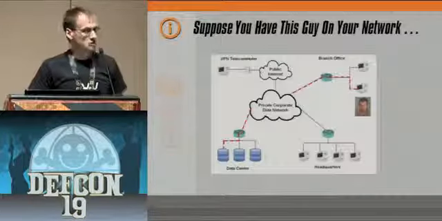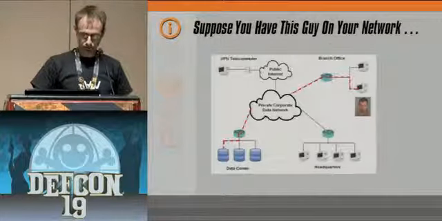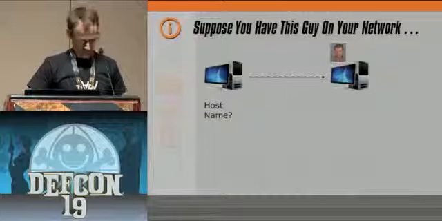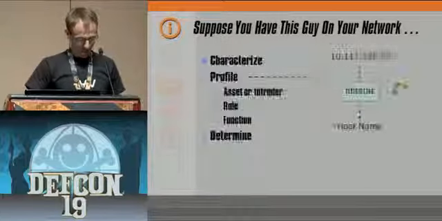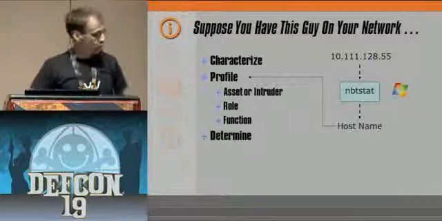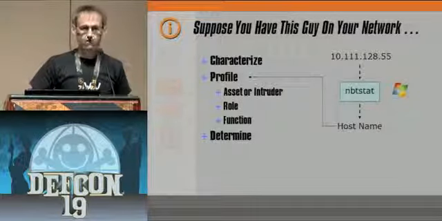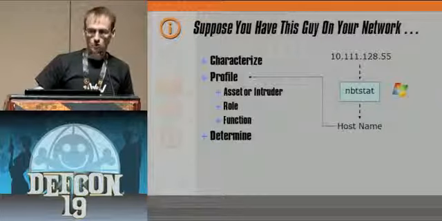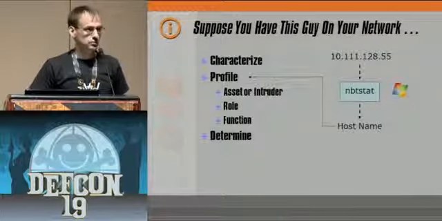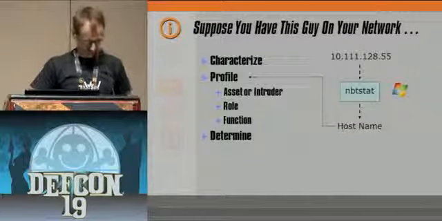Involved in some suspicious, possibly malicious activity on your network. How do you identify them? As an intrusion analyst, I have a three-step process in approaching events: characterizing the activity, profiling the hosts involved, and using that to make a determination, as well as to select next steps.